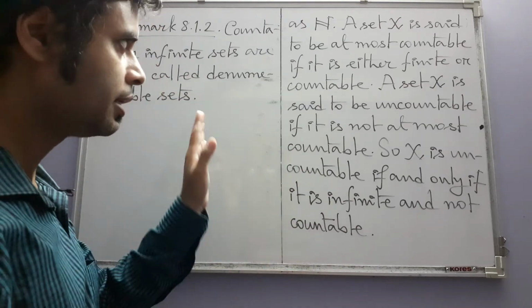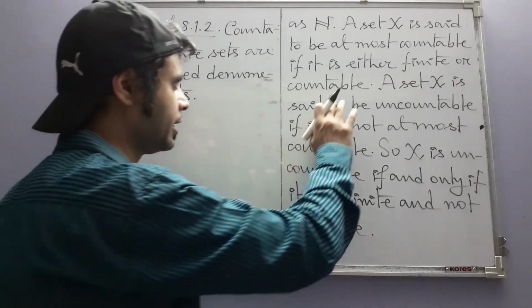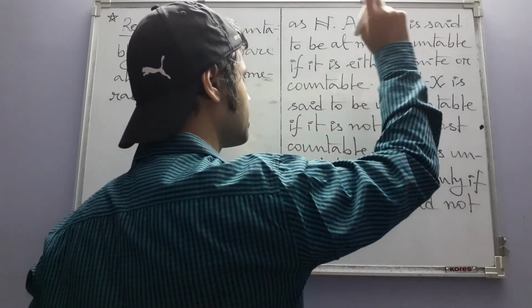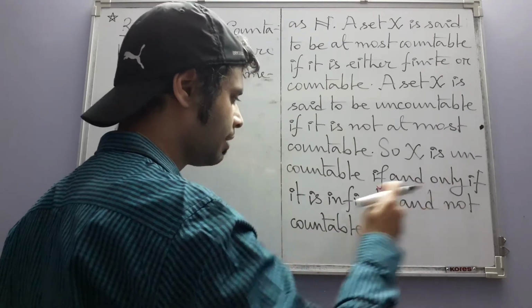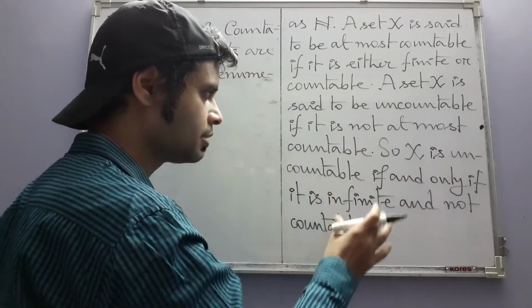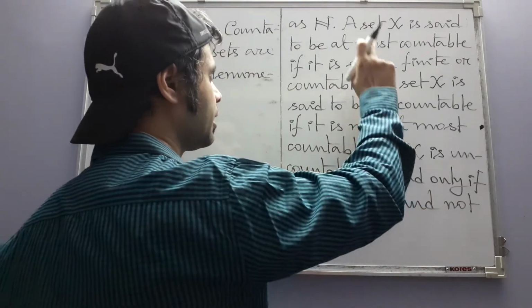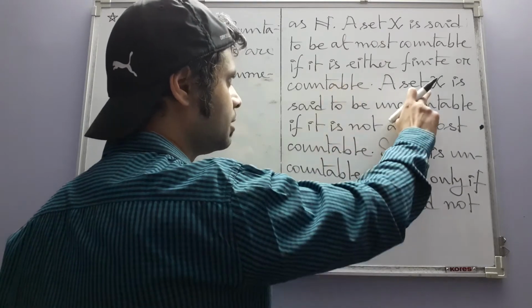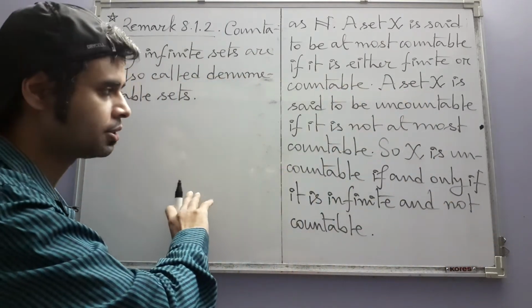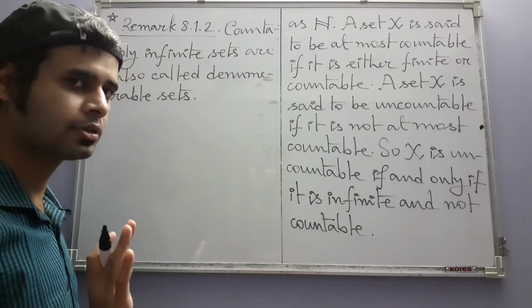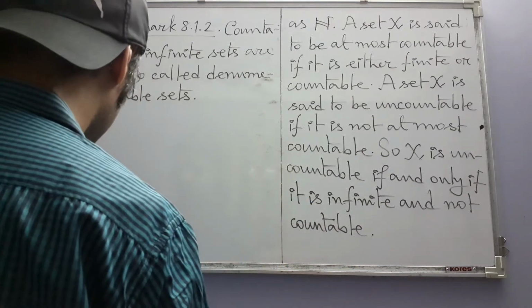Okay, but here we are not adopting that terminology. For us, countably infinite and countable mean the same thing, that is having a one-to-one correspondence with the set of natural numbers. And at most countable means either the set is countable according to this definition or is finite. Okay, so that's the thing for us.